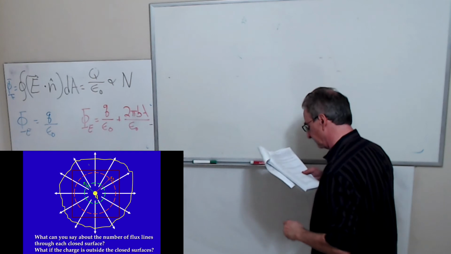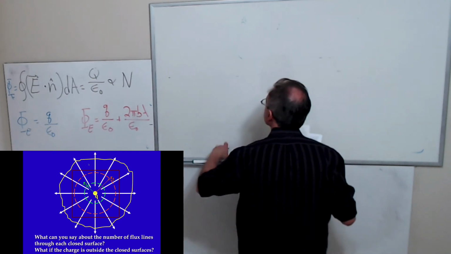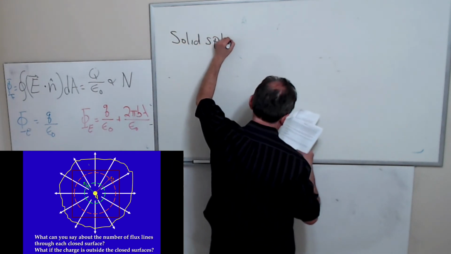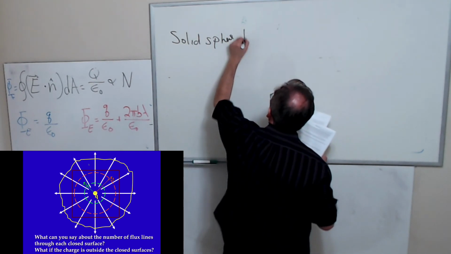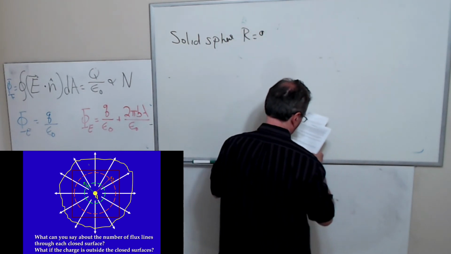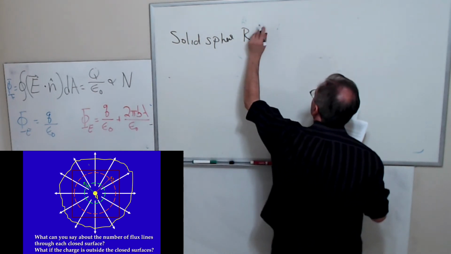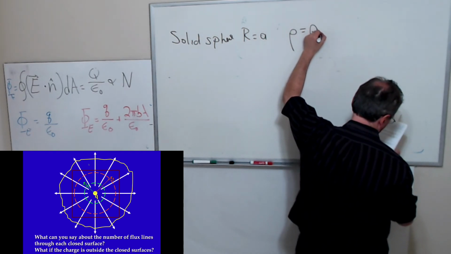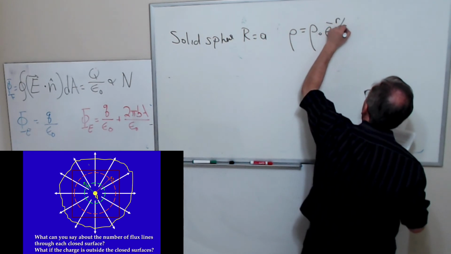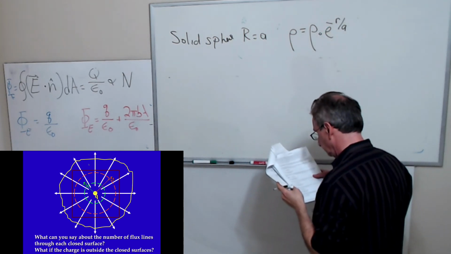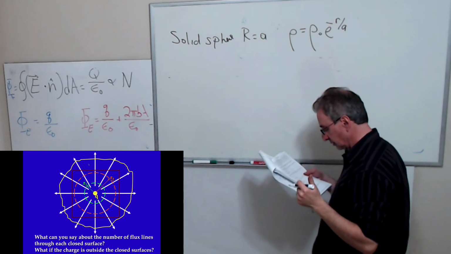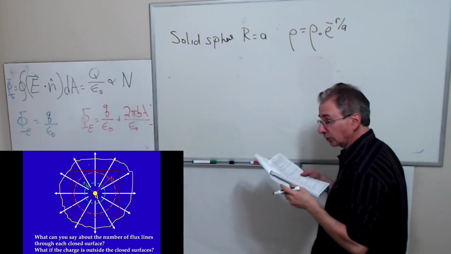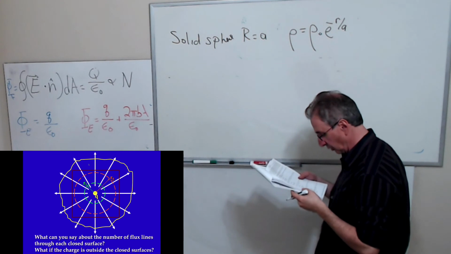So in 9D, we have a solid sphere of radius A. And your charge density is rho naught e to the minus r over a. You want to derive an expression for Q, and then you want to derive an expression for rho naught.